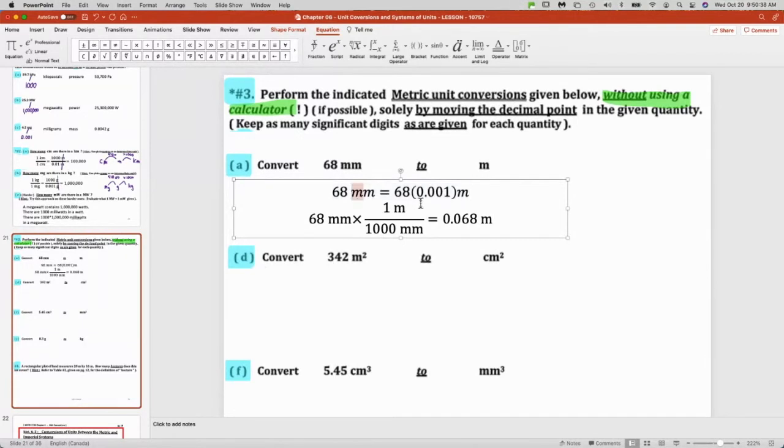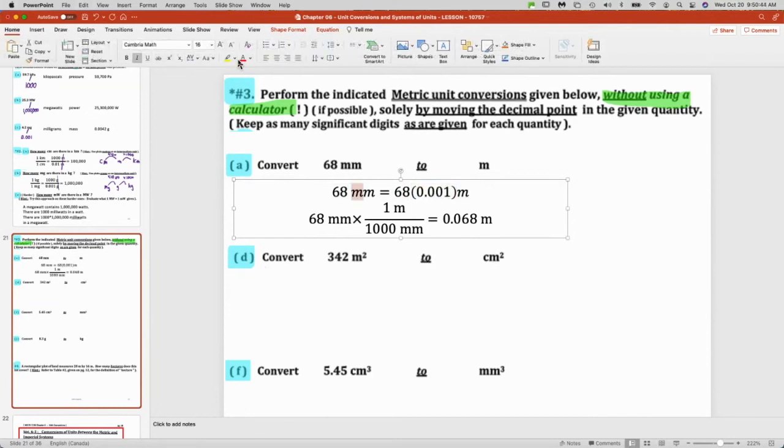The m here literally means 0.001. I'll highlight it in color so that you are crystal clear about that. That m there literally means 1,000th. I did click on that. There we go. So you get 0.068 meters.